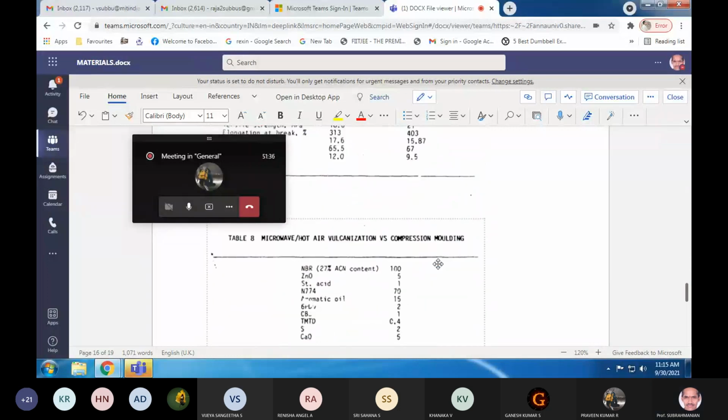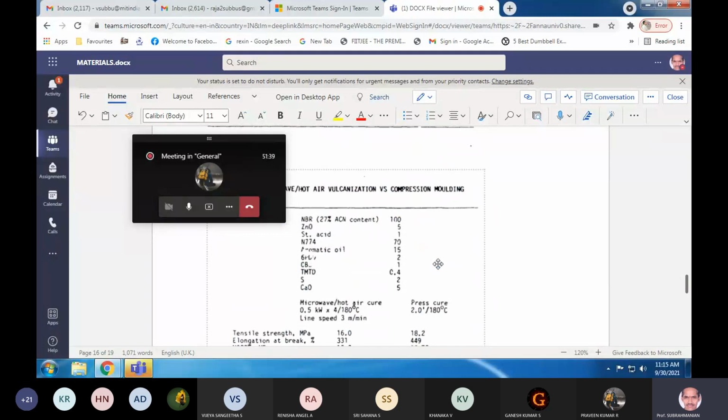Right. So look at NBR, 27 ACN, just at the borderline, not exactly low ACN, just medium ACN, just at the beginning. 27 ACN content. This recipe is designed for a balance between low temperature flexibility and solvent resistance. What is a filler?